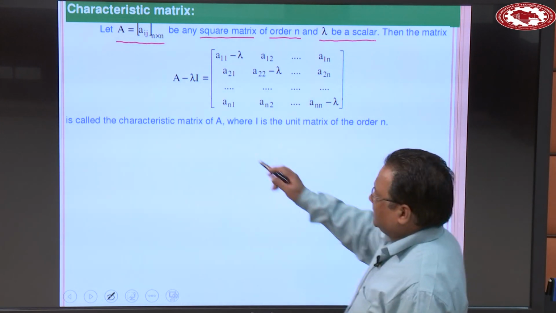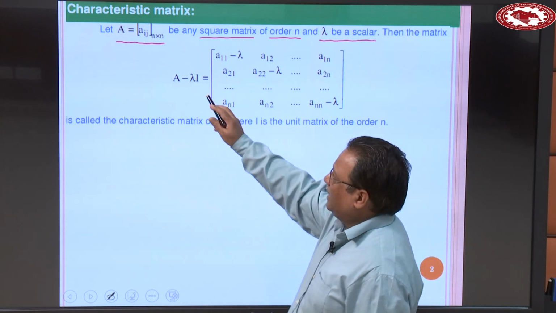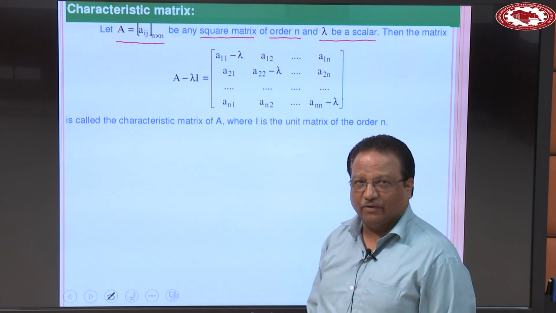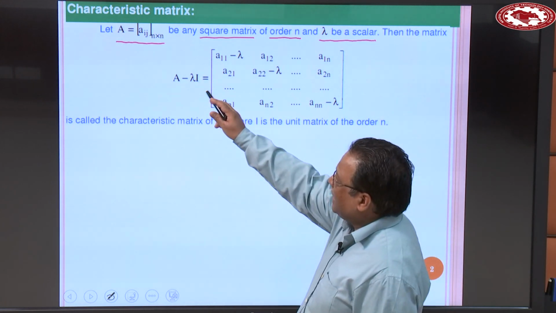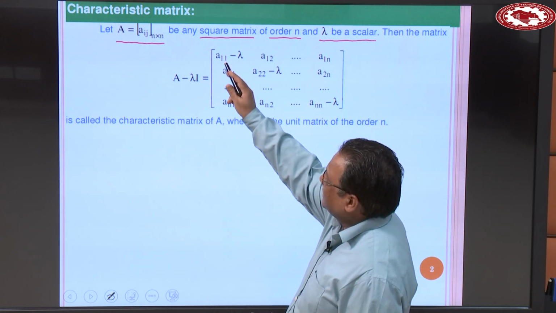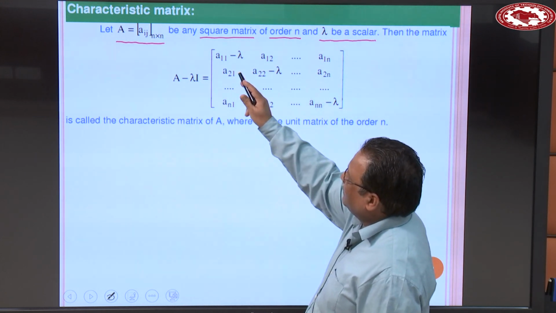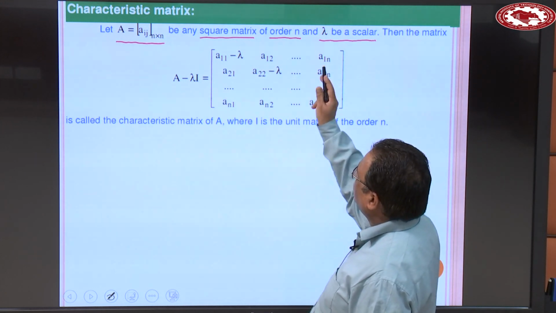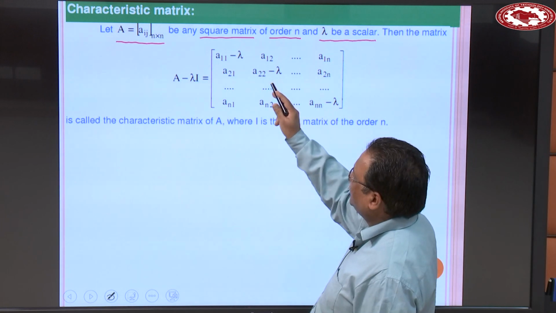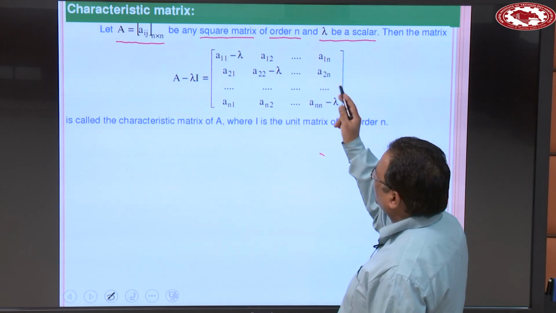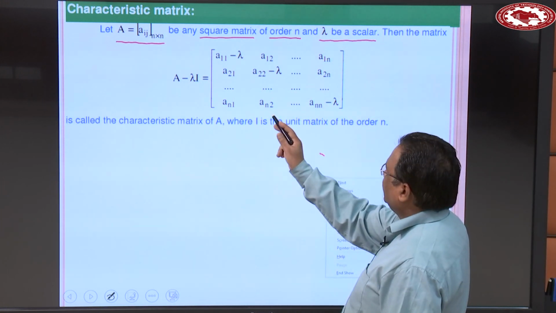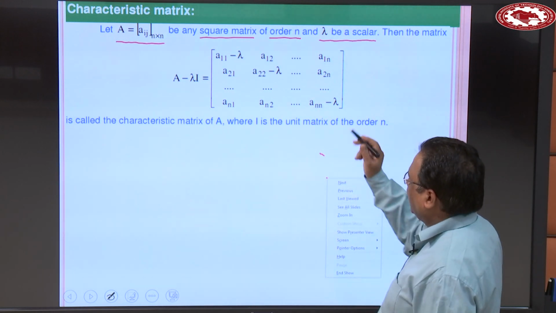Then the matrix A minus lambda I, where I is the unit matrix, can be written as A11 minus lambda, A12, up to A1n, A21, A22 minus lambda, A2n, and so on down to An1, An2, Ann minus lambda.